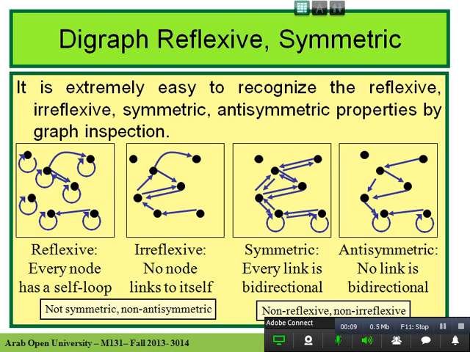So in the last class we stopped over here at the graph for the different types of relations. We can draw the graph for the relations.